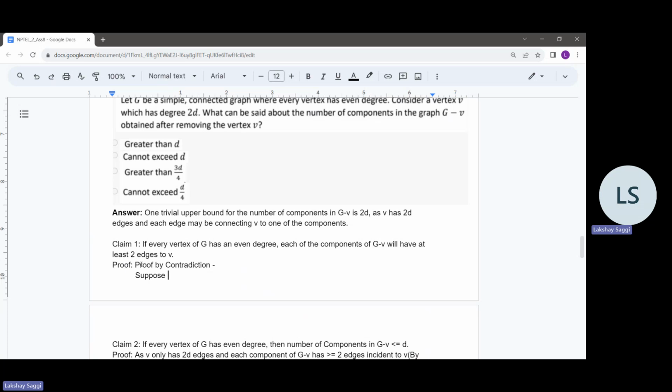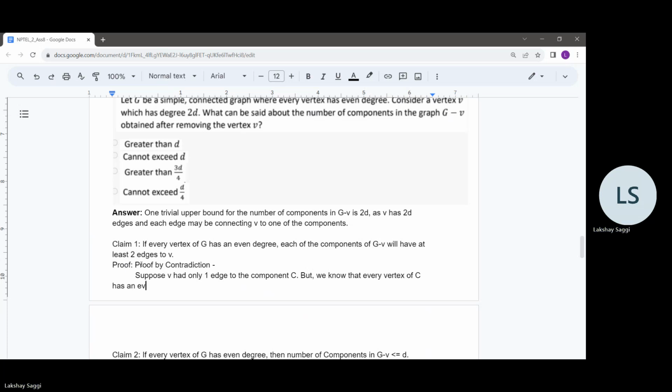So suppose we had only one edge to a component C. But we know that every vertex of C has an even degree, right?